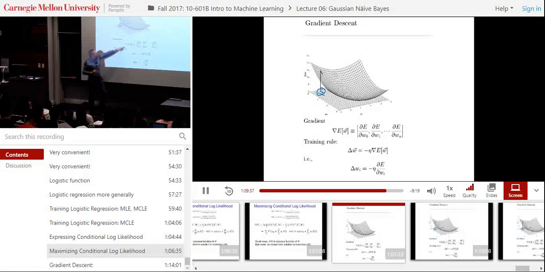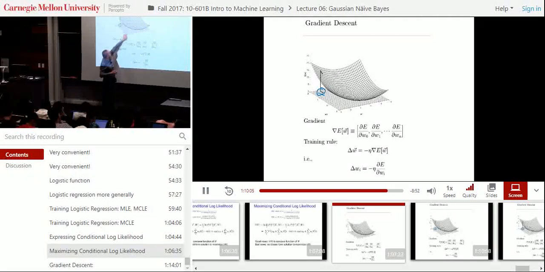And it turns out the gradient, with respect to the E as the function we're trying to minimize in this picture, the gradient is simply the derivative of that function with respect to W0 and the derivative with respect to W1 and so forth. It's this vector. And of course, this vector will have as many W's in it as there are that we're trying to optimize.